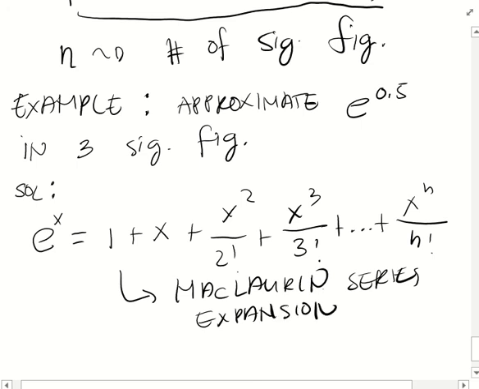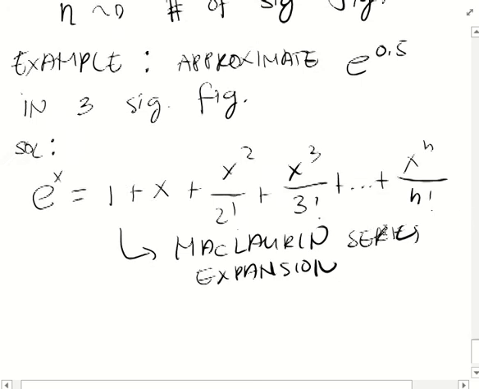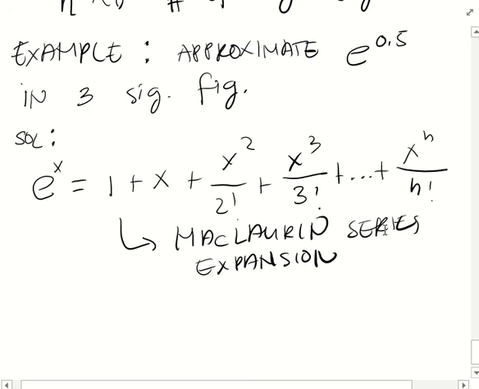By increasing the number of terms, we go closer and closer to the exact value. So the higher the number of terms, the higher the accuracy of our approximation. But the problem only wants us to have at least 3 significant figures that are accurate. You can have more than that.